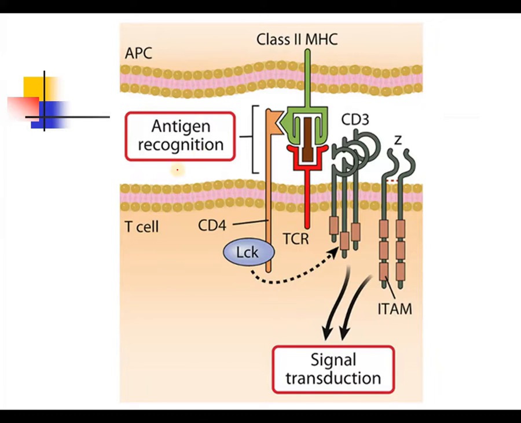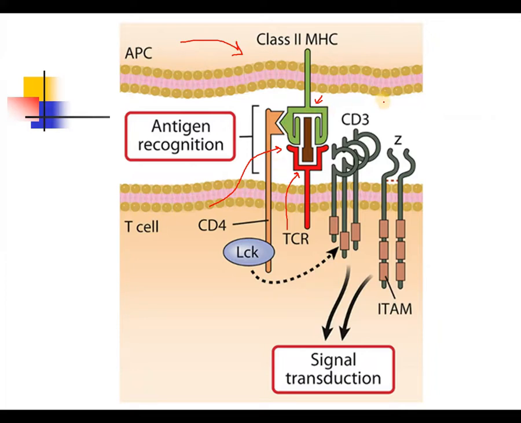Here they are visually, where you've got antigen recognition going on, your antigen presenting cell presenting a peptide on MHC class 2, and the T cell receptor will recognize that antigen presented by MHC, and then its co-receptor will bind to the MHC molecule itself.